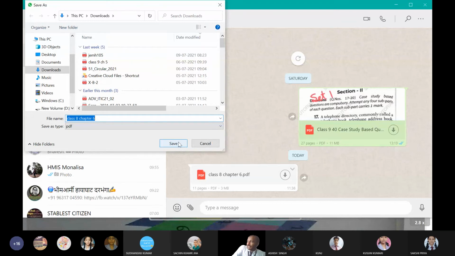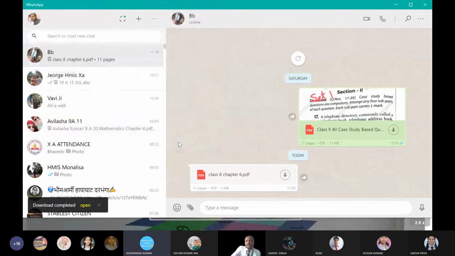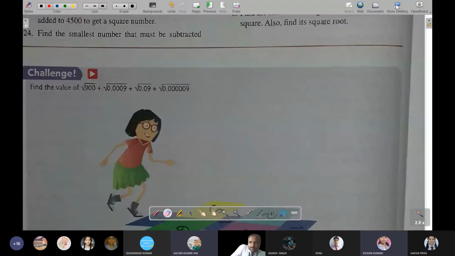Variables and constants. That only you have to say, nothing more than that. Added or separated by using mathematical operators, that you can say.